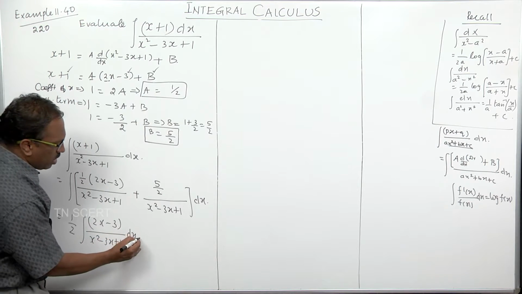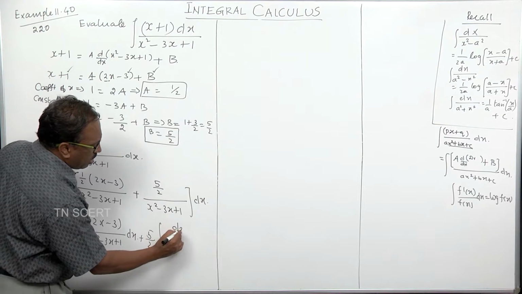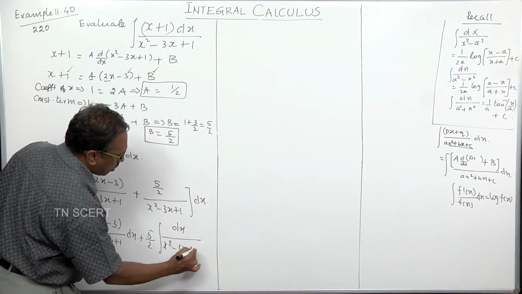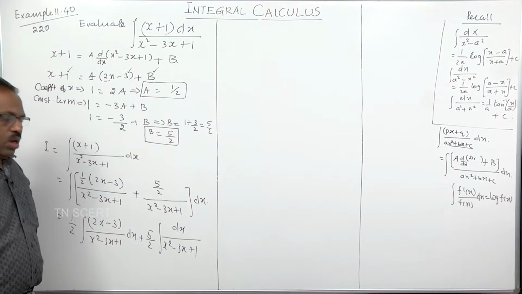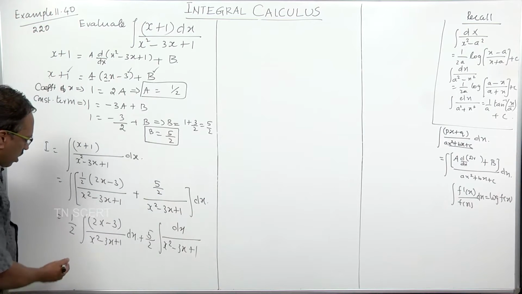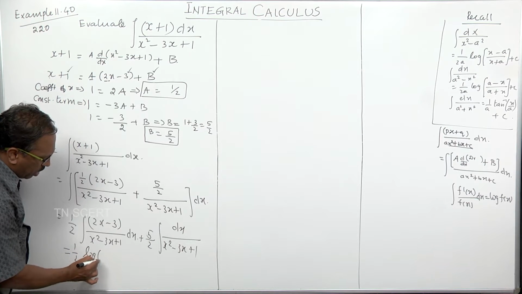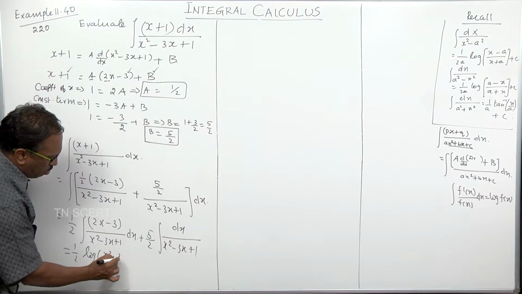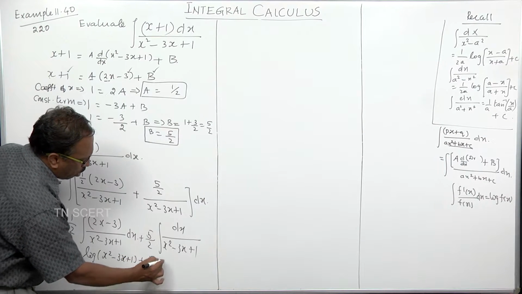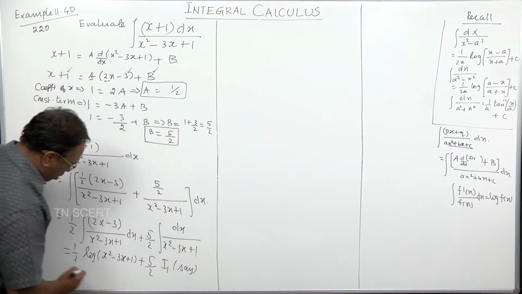Like that we are going to write, and this 5 by 2 you take out: integral dx by x square minus 3x plus 1. So as I told you, I am going to apply that formula over here. That means it is 1 by 2 log of the denominator x square minus 3x plus 1, plus 5 by 2 of I1, say, assuming.